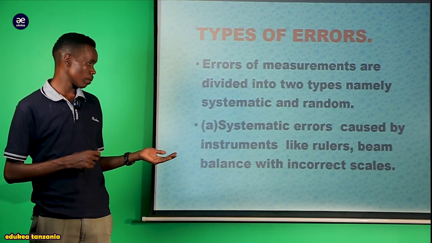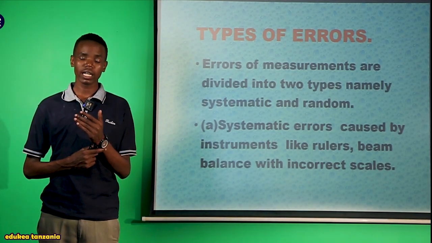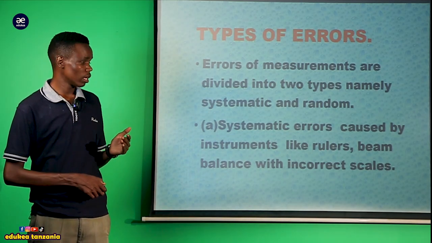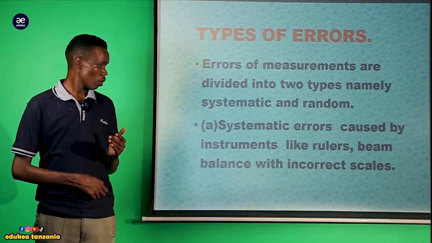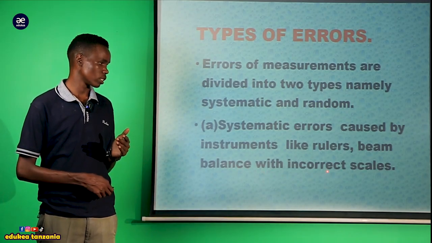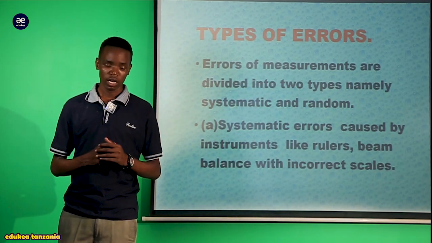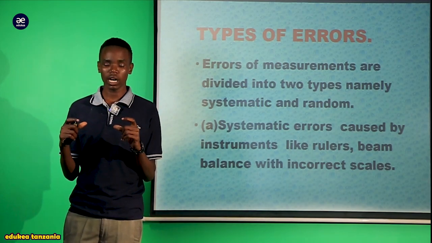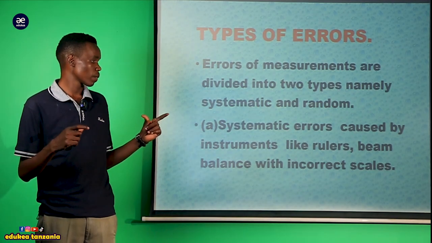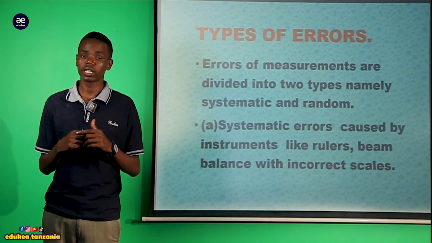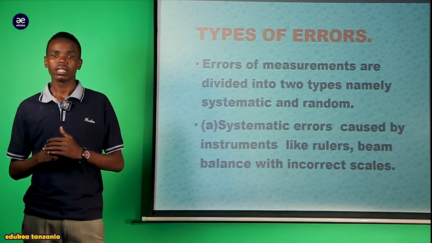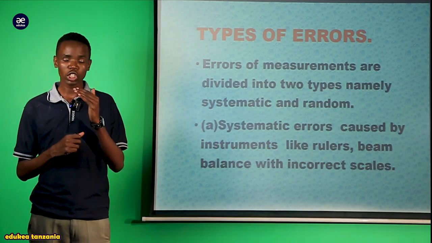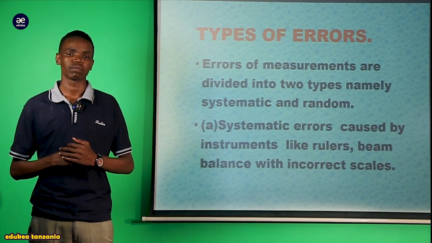As you can see here, the instruments that can cause the systematic error are like the rulers, and also the beam balance with incorrect scales. If we have a ruler, and that ruler, my dear student, contains incorrect values, the wrong scales, that will make you obtain the errors which are called systematic errors.